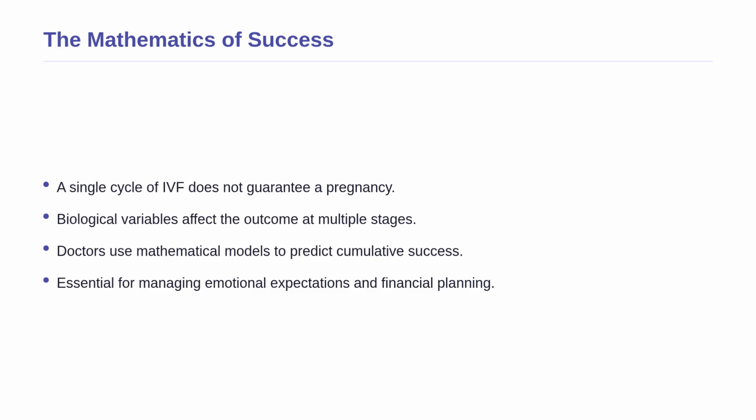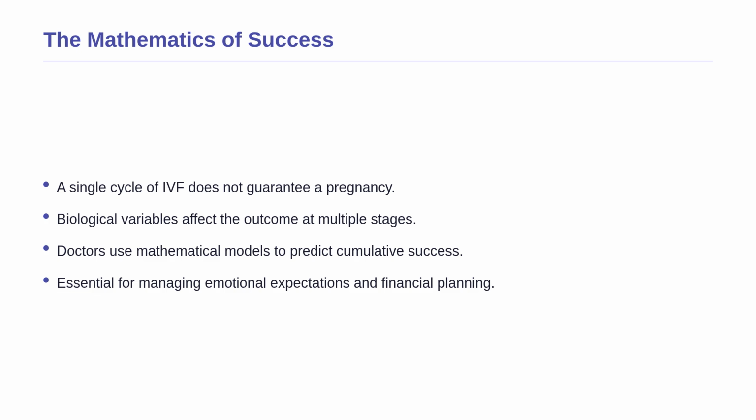While IVF is fundamentally a biological process, understanding its clinical success requires a bit of mathematical probability. It is important to realize that a single cycle of IVF does not guarantee a pregnancy. There are countless biological variables that can affect the outcome at multiple stages, from egg retrieval to implantation.